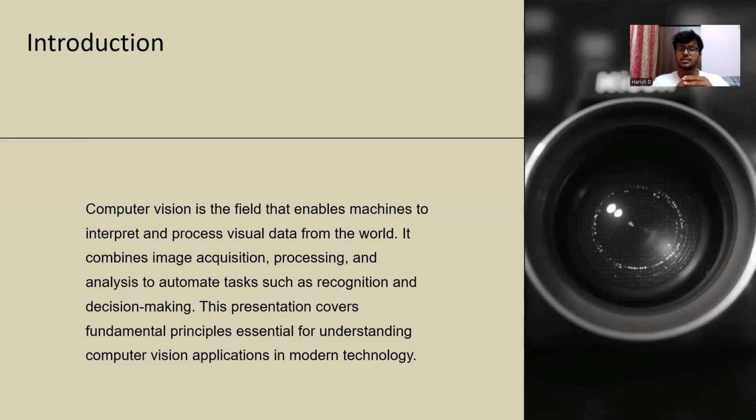It combines image acquisition, processing, and analysis to automate tasks such as recognition and decision making. In this presentation, we'll cover the fundamental principles essential for understanding computer vision applications and the modern technology that uses computer vision.